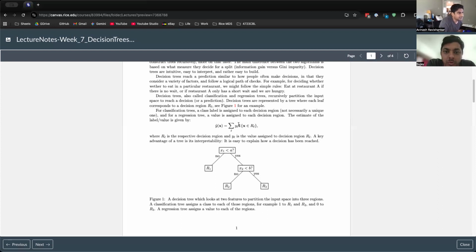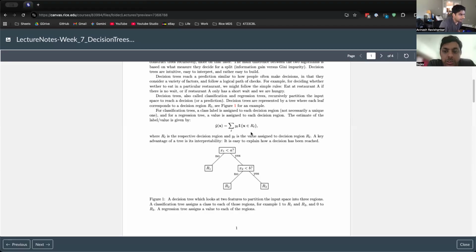Okay, so this is an indicator function, just saying whether it belongs to the region. This summation is basically only one term, just choosing which term. But if the answer is no, then this becomes zero? Yes, that's the meaning of the indicator. That will be zero for the other regions.